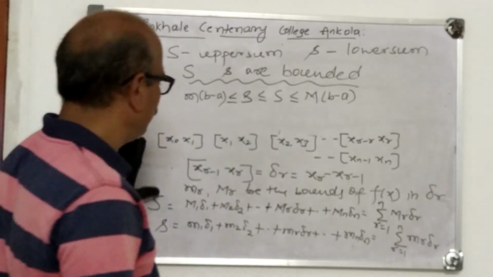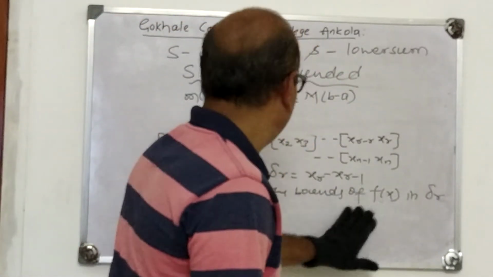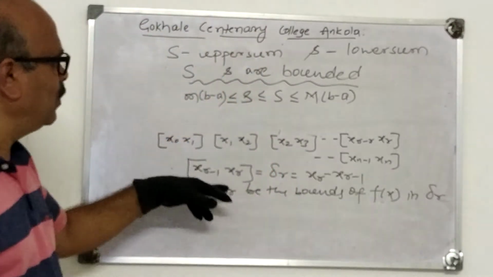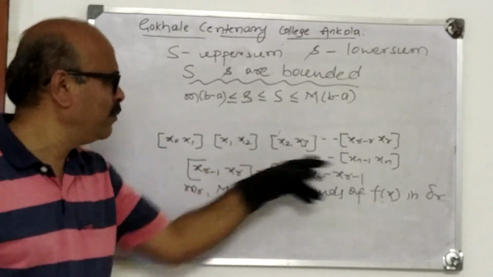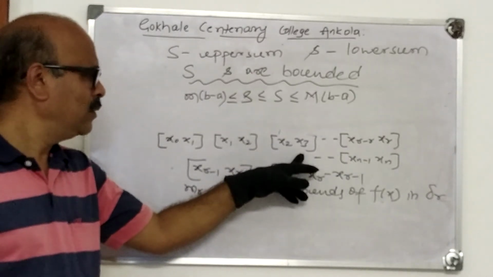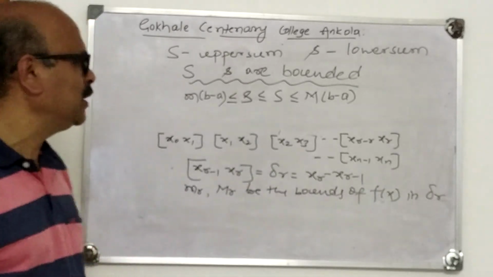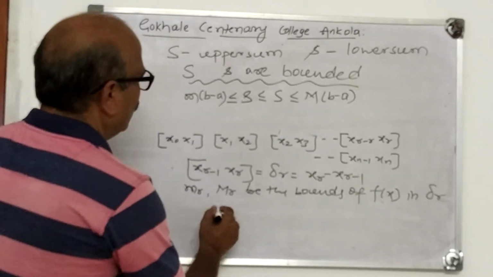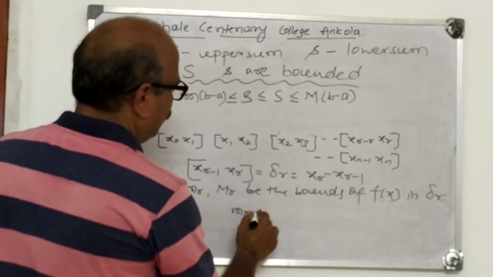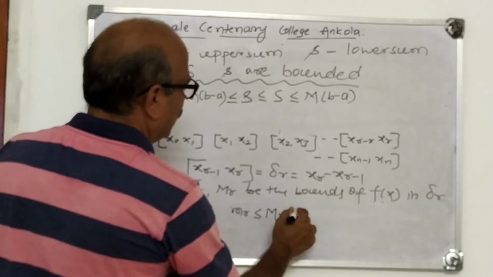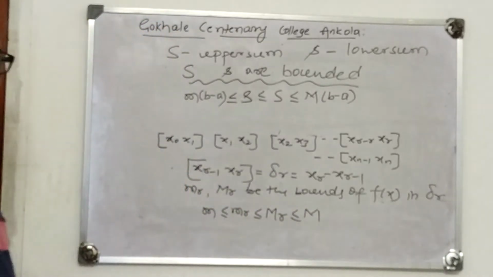To prove this, we consider the interval AB, we divide AB into a finite number of subintervals as we did here, and small mr and capital Mr are the bounds of f(x) in delta r. Then we have small m less than or equal to small mr, less than or equal to capital Mr, less than or equal to capital M. What is the reason?